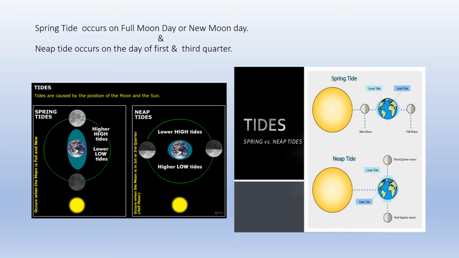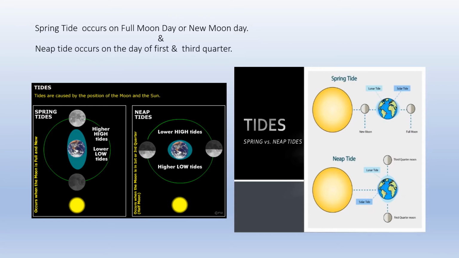So the high tide is not much higher and the low tide is not much lower, which is a neap tide. If the spring tide occurs on the full moon day and the new moon day, on which day does the neap tide occur? It occurs on the first and the third quarter of the month, when the moon, earth and the sun are at a right angle.